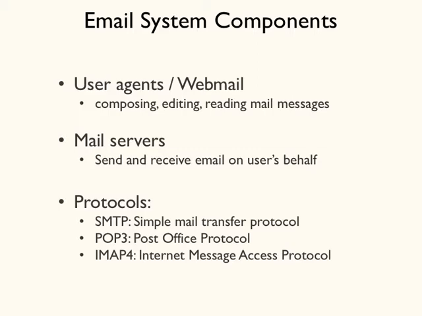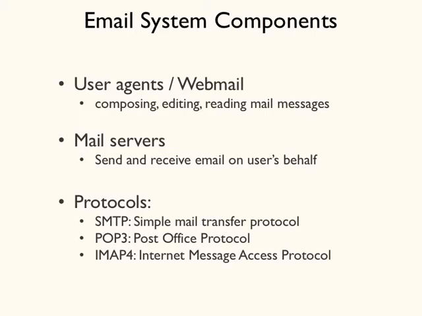So basically, what is an email system? What are the components in an email system? First, we have user agents, the software everyone uses to compose, edit, and read emails.